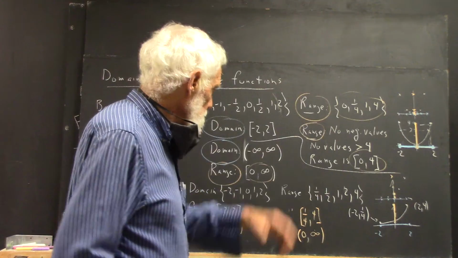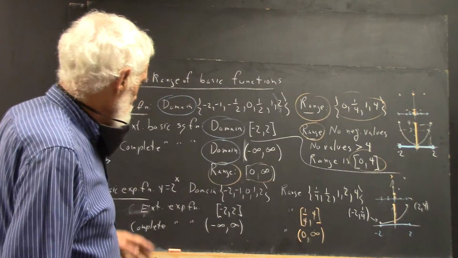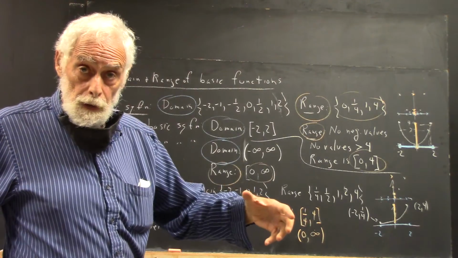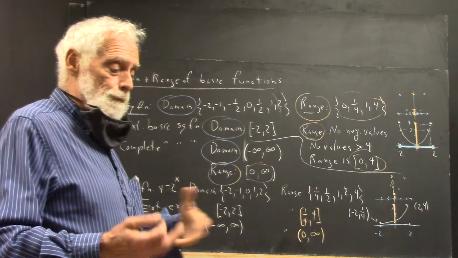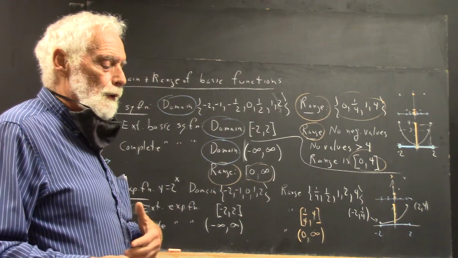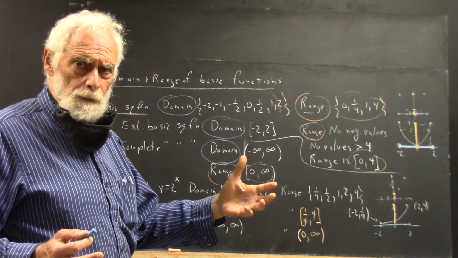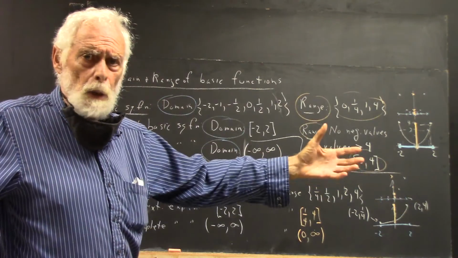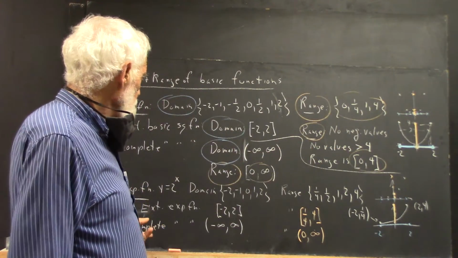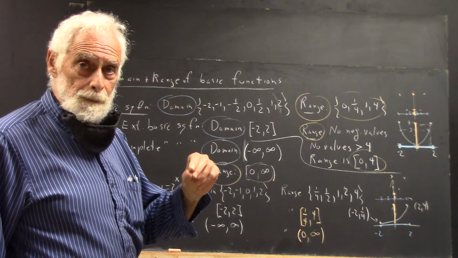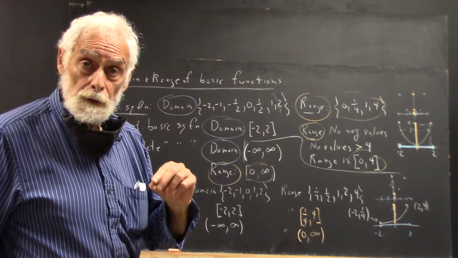Now for the complete exponential function, you can do 2 to the x for any value of x. If x is a huge negative value, you're going to get the reciprocal of 2 raised to a huge positive value, which is going to be a humongous number. If you divide a humongous number into 1, you get a really tiny number, but you don't get 0.